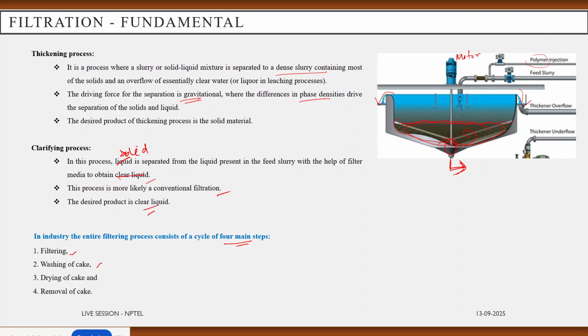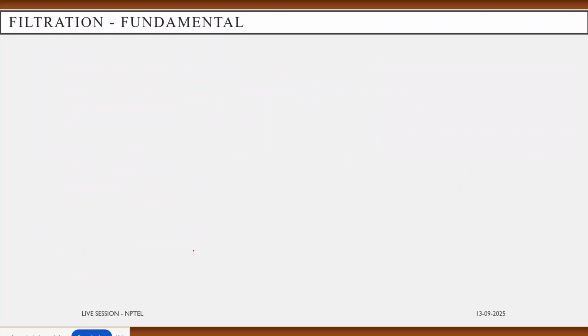Second, we wash the cake or the solid cake bed to remove the impurities from the solids if our desired product is the solid product. Then drying of the cake in certain thermal conditions, and then removal of the cake. These are the four main steps of the entire filtration process.